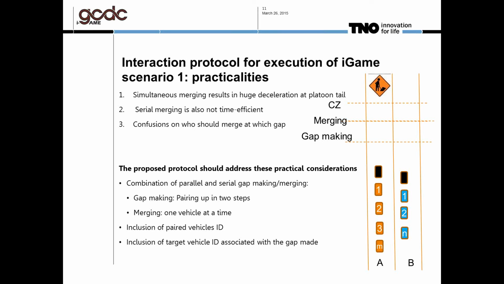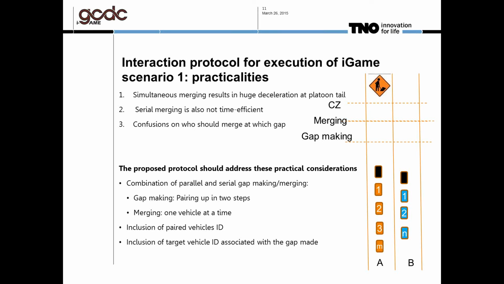On top of that, we need the interaction protocol. For the iGame scenario on the highway, there are some practical issues. If every car wants to merge from the merging platoon into the gap-making platoon at the same time, there would be a huge deceleration at the platoon tail, which is not comfortable and not desired.